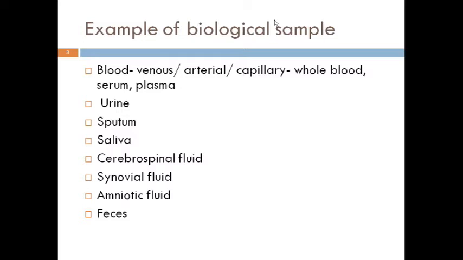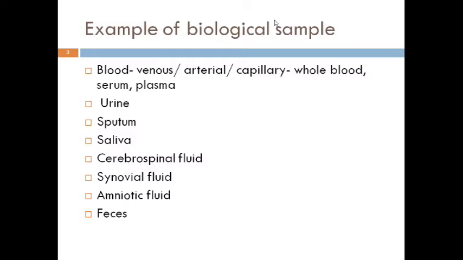Blood is collected in three forms: venous blood, arterial blood and capillary blood. Blood is also subdivided into three parts: number one is whole blood, second is serum and third is plasma.